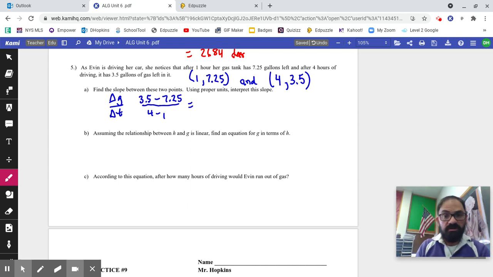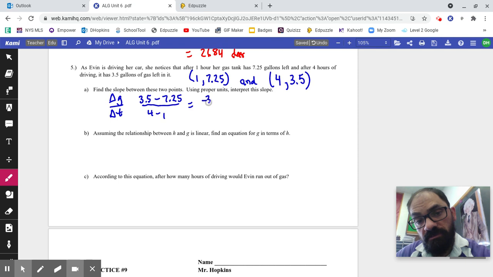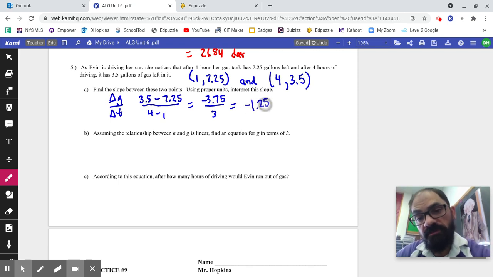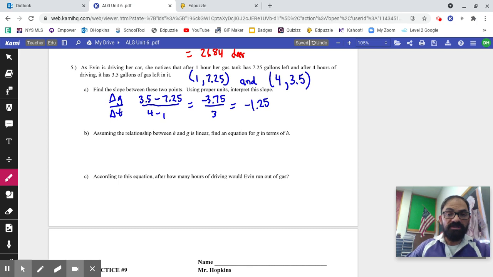You get a calculator. Negative 3.75 over 3. So negative 1.25. And with the proper units on this, so that would be gallons per hour.